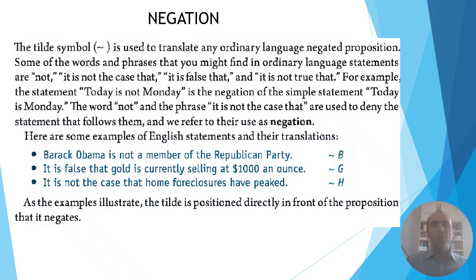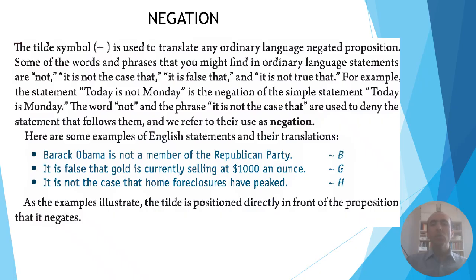Here are some examples of English statements and their translations. Barack Obama is not a member of the Republican Party. We translate it as tilde B. B stands for Barack Obama is a member of the Republican Party. It is false that gold is currently selling at $1,000 an ounce.